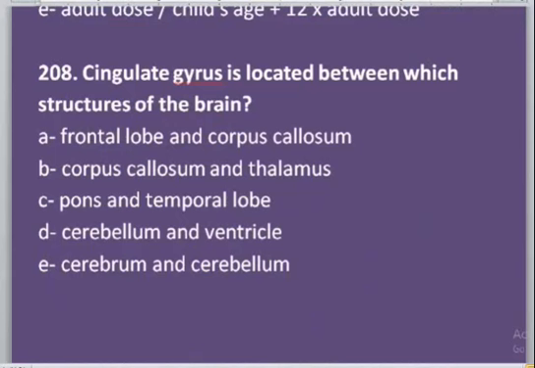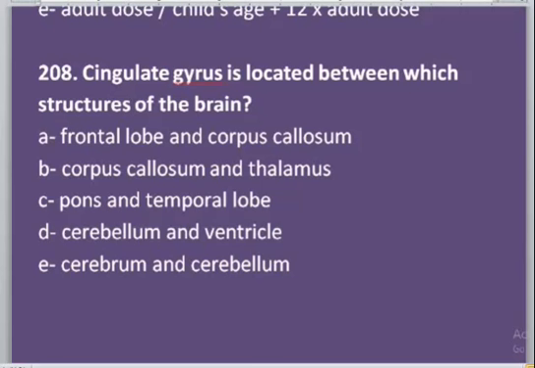Moving on to the 8th MCQ. Cingulate gyrus is located between which structures of the brain? Cingulate gyrus, it is actually a structure that is located in the brain, and here the MCQ asks us between which structures this cingulate gyrus lies.